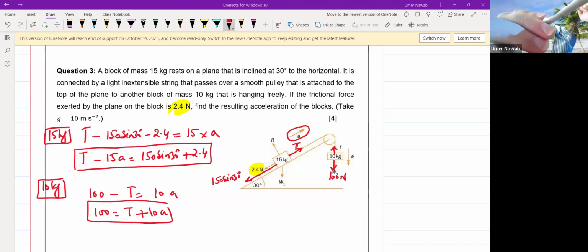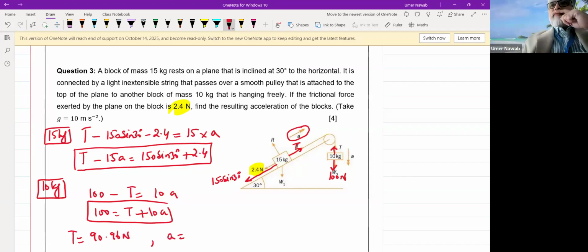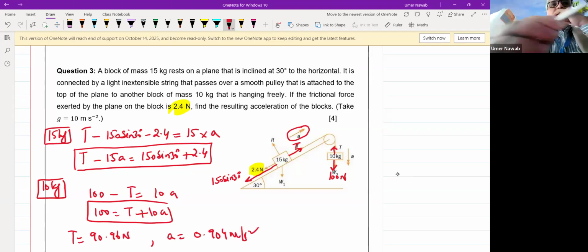Let me check that. Are we finding only acceleration? But tension comes to me 90.96. Tension is 90.96 newtons. And the acceleration is going to come to me 0.904 meters per second squared. That's my final answer.